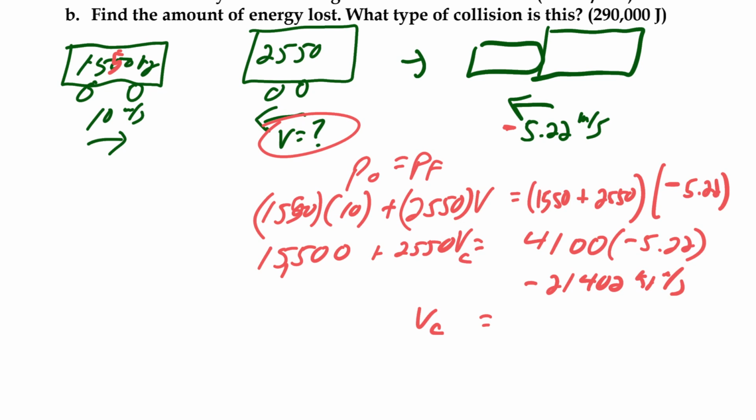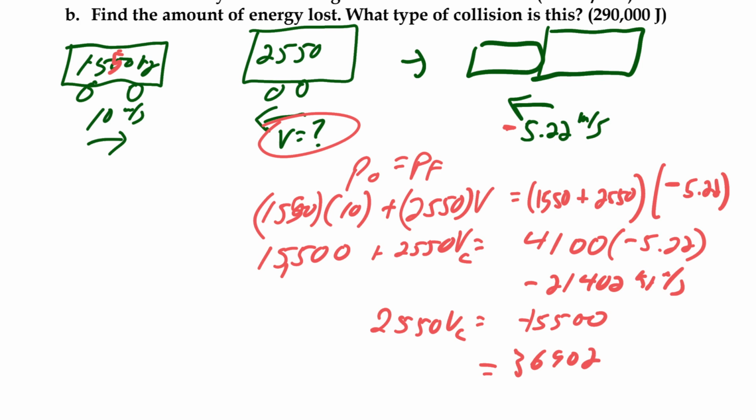So we are going to subtract 15,500. And that's going to equal 2550 times V. Okay, let's go ahead and do that out. So negative 21,402 minus 15,500 gets me negative 36,902.